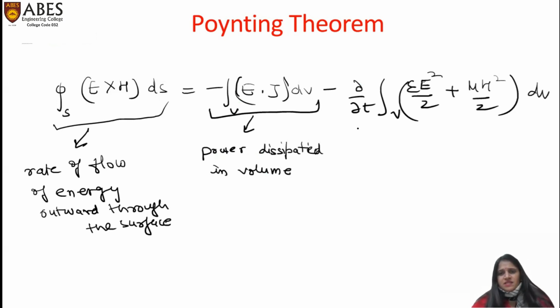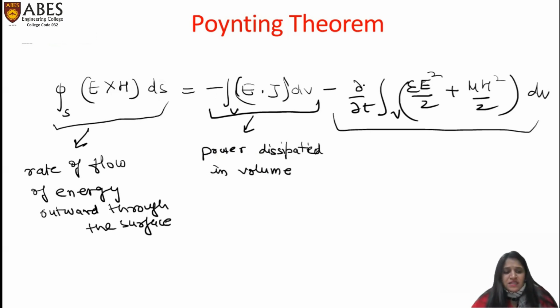Now let us see the third term, minus del by del T and the whole term. What is epsilon E square by 2 plus mu H square by 2? This is nothing but the stored energy in terms of electric and magnetic field.